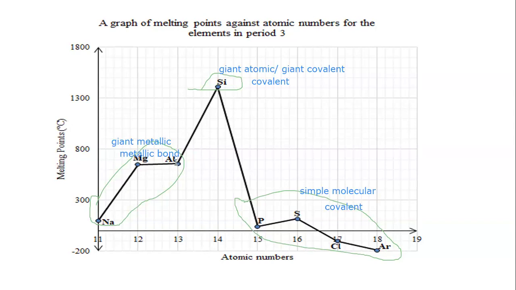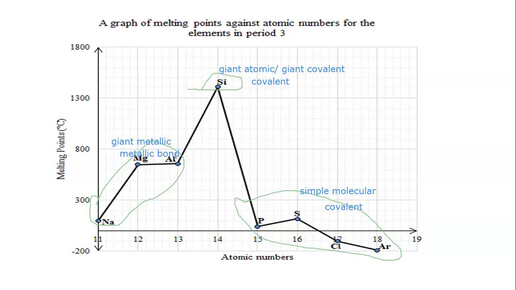And we have said that the strength of metallic bonds increases with the decrease in atomic radius. So it means that the strength increases. And also, from sodium to aluminium, the number of electrons contributed per atom towards the metallic bond formation increases. So that's why we see that the melting point also increases.